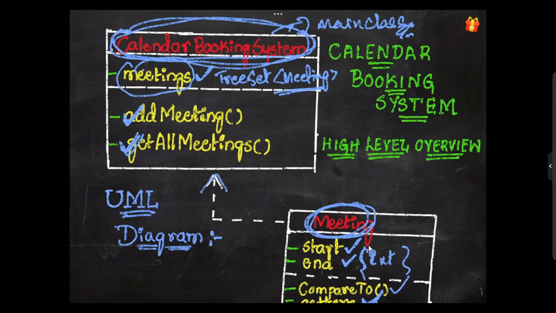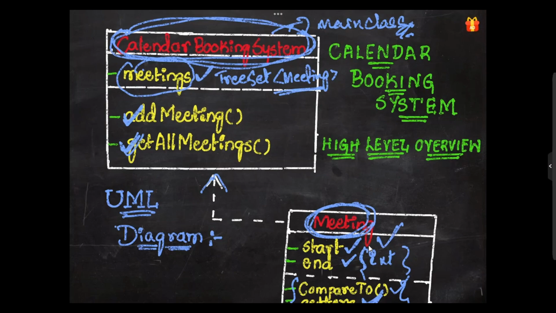The meeting class has two attributes, start and end, and two methods, compareTo and the getters. This is the high level overview, the UML diagram of the calendar booking system. I hope this is clear and easy to understand. It's a simple one.